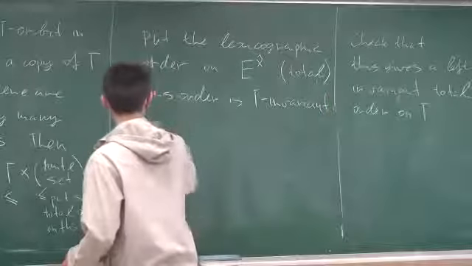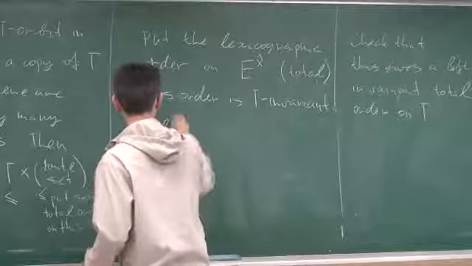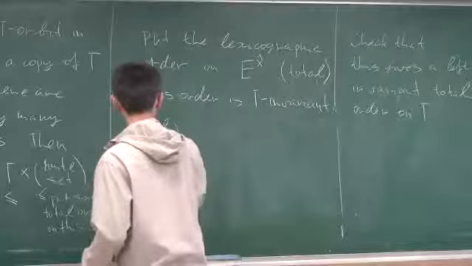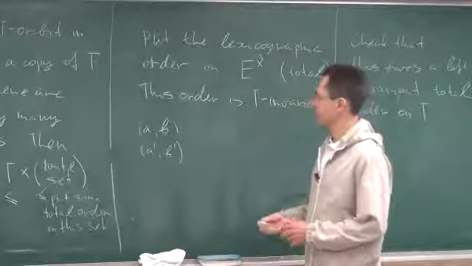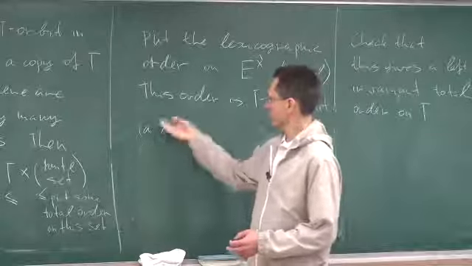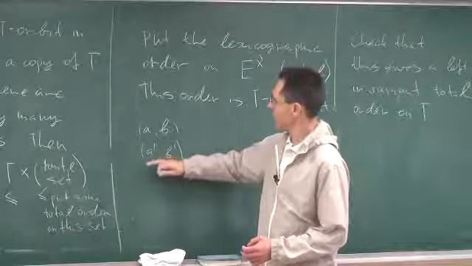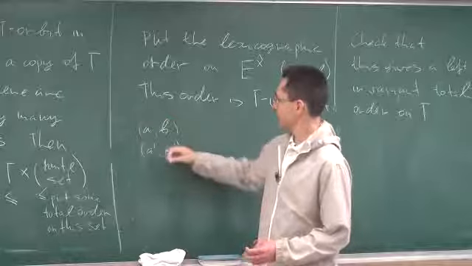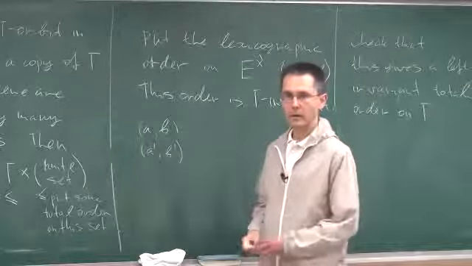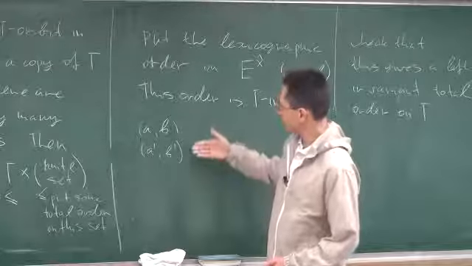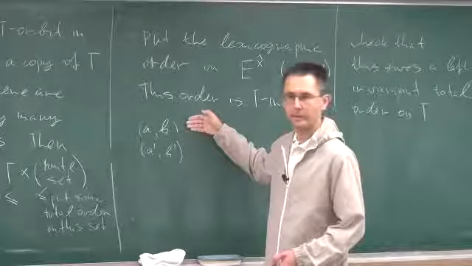So what's the lexicographic order? Say you have a pair A, B, and then you have a pair A prime, B prime. Suppose you order them like in a dictionary. If A prime happens to be bigger than A, then you declare this pair to be bigger than this pair.